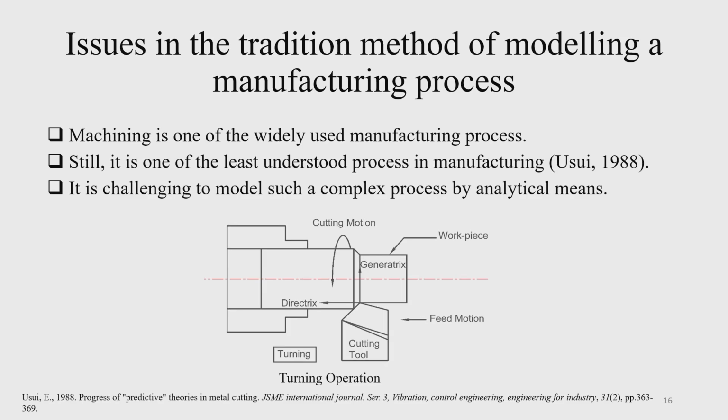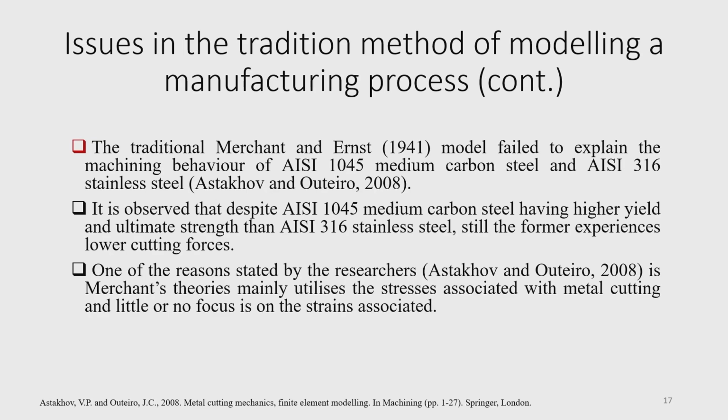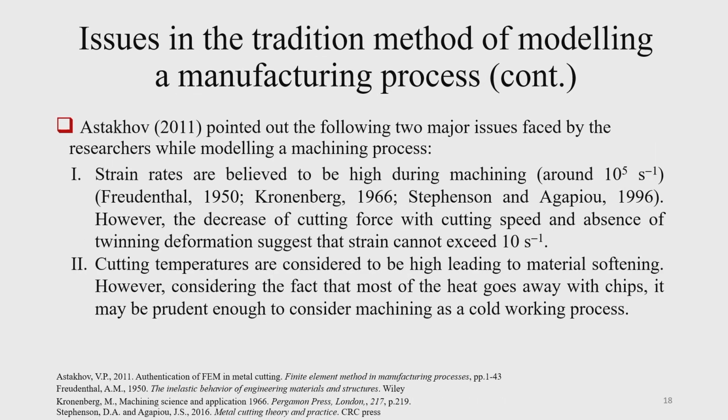Now, issues in the traditional method of modeling a manufacturing process. Suppose you are modeling a turning process with a cutting tool, but many things are not known properly, so you have to model it very carefully, and there are so many issues, which have been discussed.